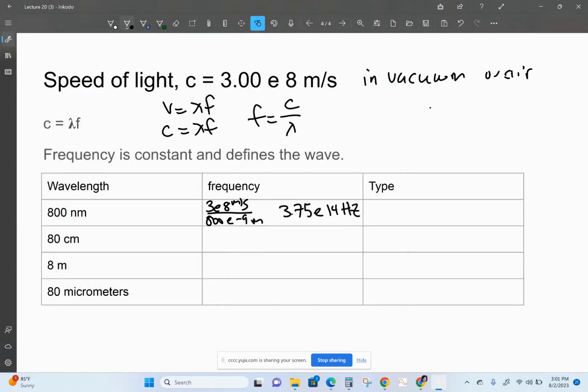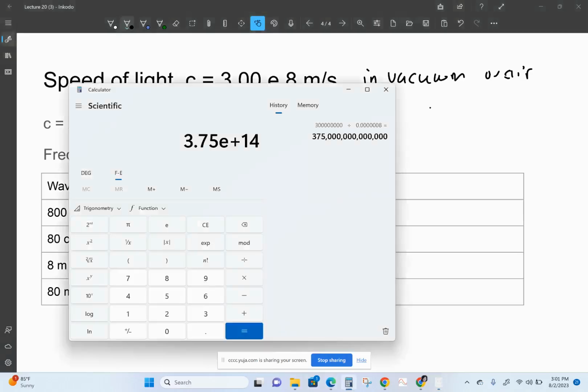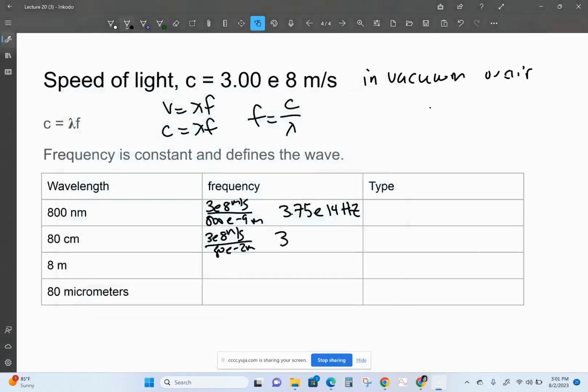hertz. If I do 80 centimeters, it's going to be 3e to the 8th meters per second divided by 80e to the negative 2 meters. So 3 exponent 8 divided by 80 exponent negative 2 equals 3.75e to the 8th hertz.